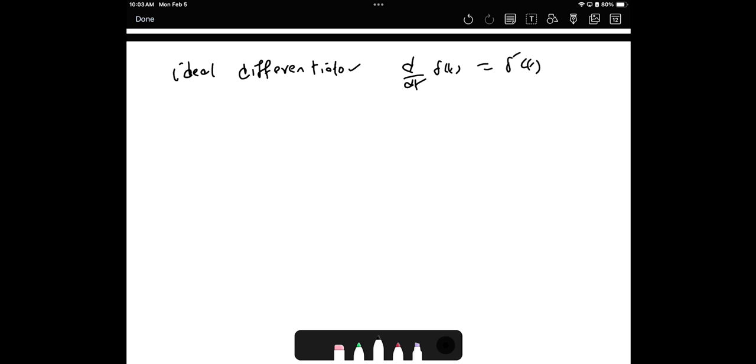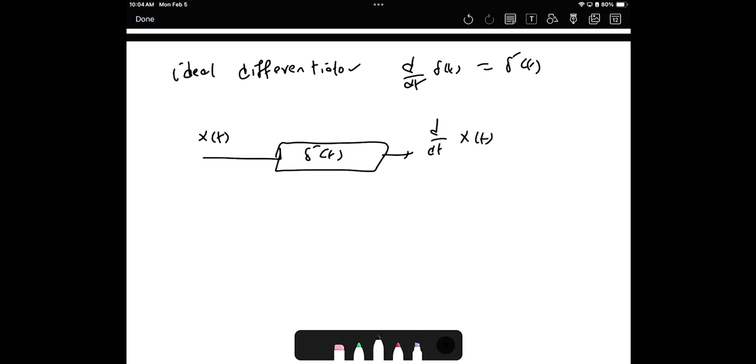So we have x of t, then delta prime of t yields the derivative of the signal. That's what we mean by ideal differentiator. We can make any integrator, any differentiator, any time shift delay using the basic signals, delta, u of t, or delta of t minus tau, whatever we need.